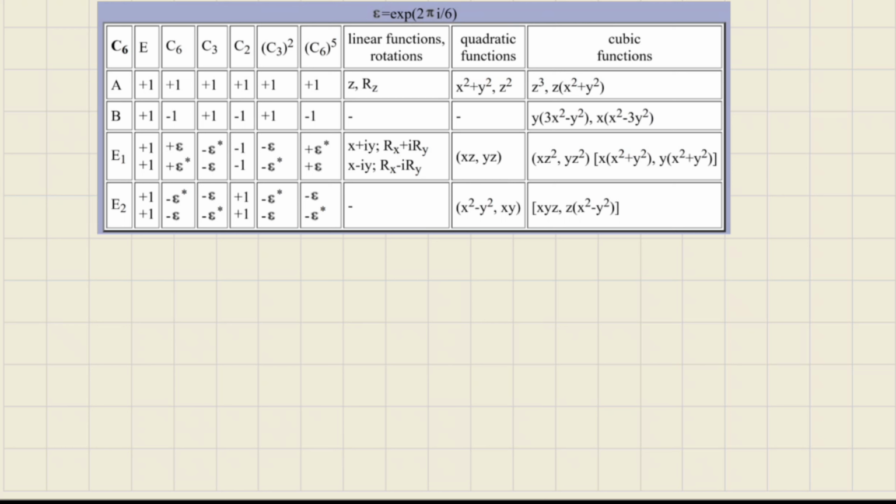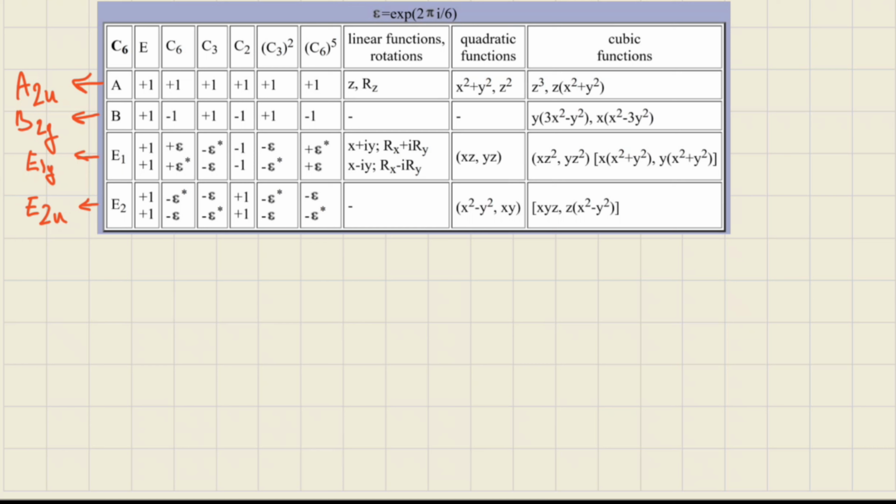So here A represents our A2U. As you see, it is totally symmetric. If it is totally symmetric, you will see the wave function. I will write the wave function for that. This is not symmetric one and refers to B2G. And this refers to E1G. And this E2 refers to E2U.